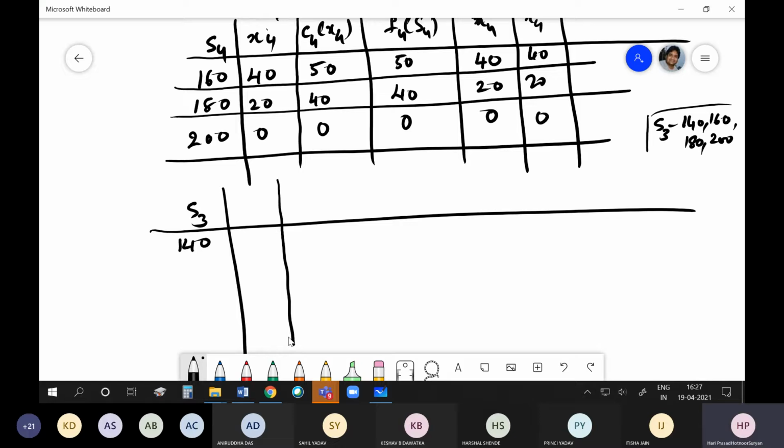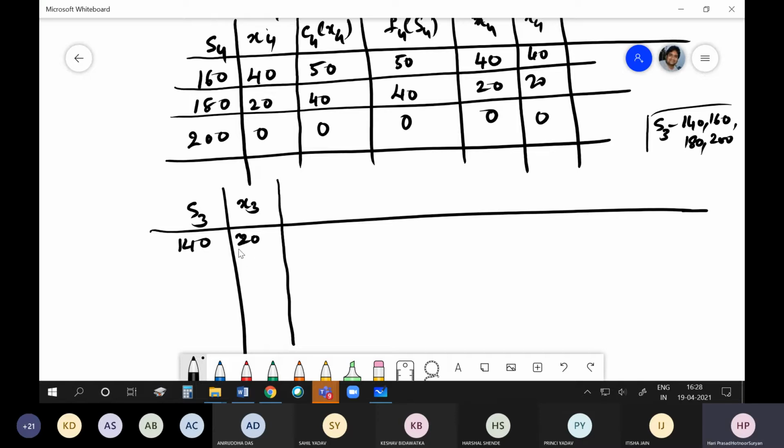What are the possible values of X3 I can have? X3 is the additional capacity which I will be increasing between 10 to 15 years. What are the possible values? 20, 40, 60. 20 I have to do because at the end of 15 years I should have 160.